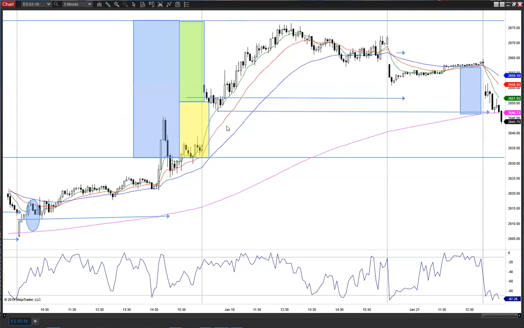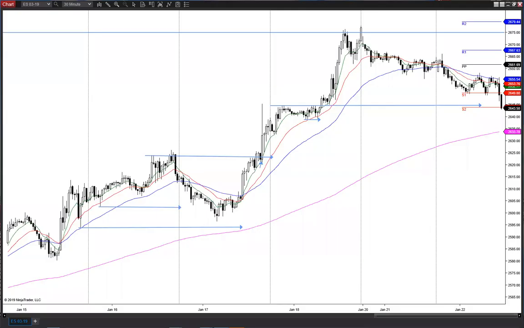And we are in the territory Friday that has been unauctioned in RTH. $40.5 is the next theoretical target.